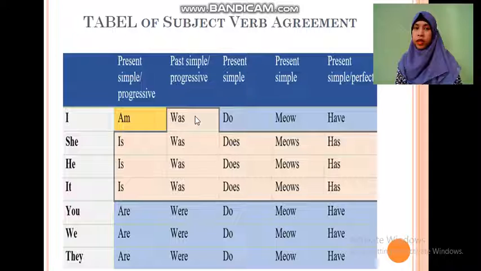And I, he, she, it use was, and they, we, you use were. And then do, does, and do. And for the verb, have, has, and have. Okay, I think you have got it about this one.